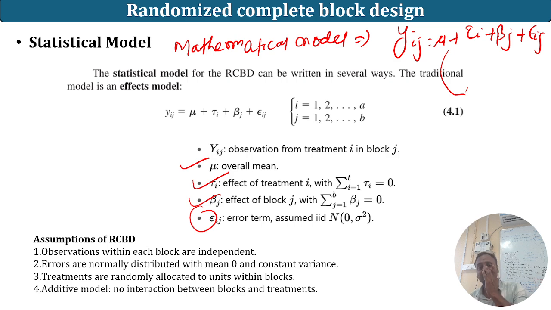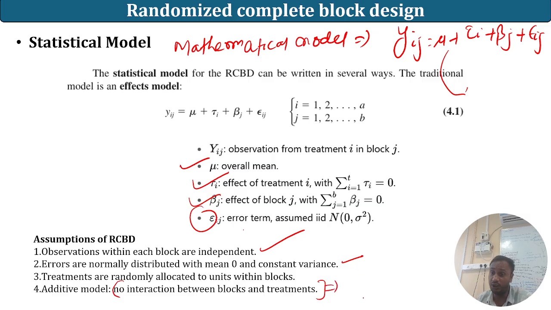What are the assumptions? The observations in each block are independent, the errors follow a normal distribution, and treatments are randomly allocated to the units within the blocks. And it is an additive model, so no interaction should come between block and treatment.